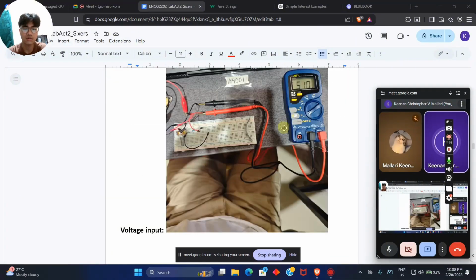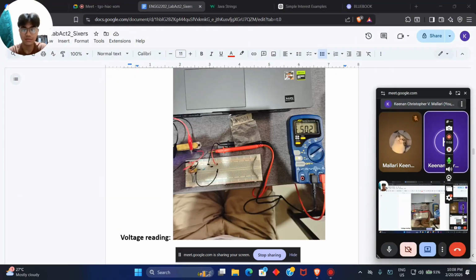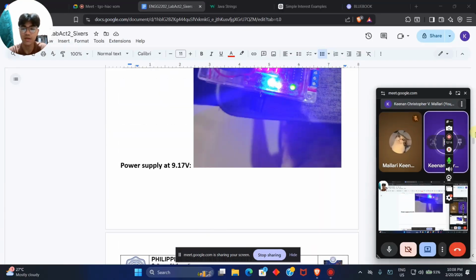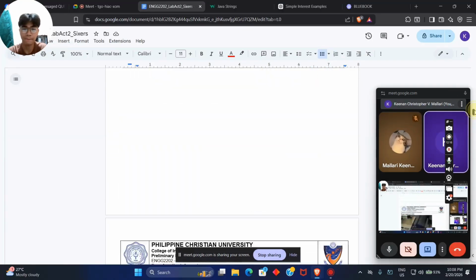Let's now proceed to the voltage reading. On the table, it must show negative 0.502 volts. Here's a correct circuitry. Now let's go scroll back, double check.